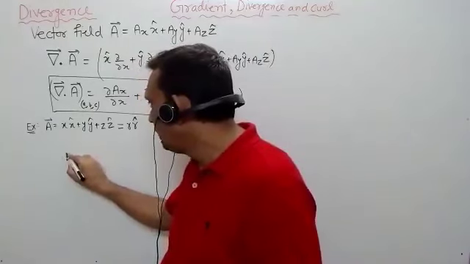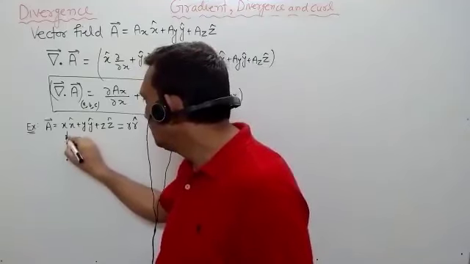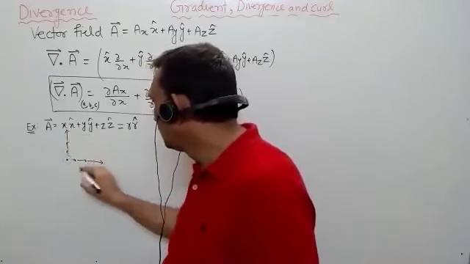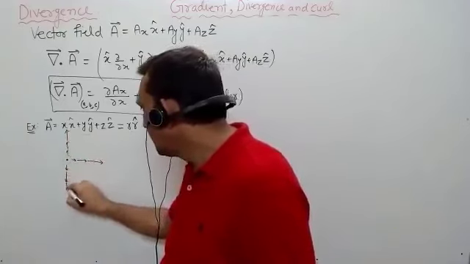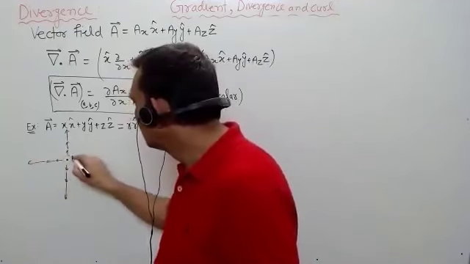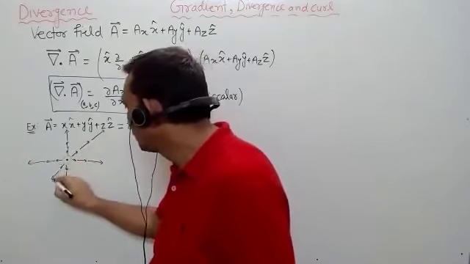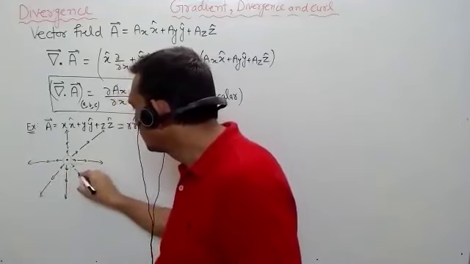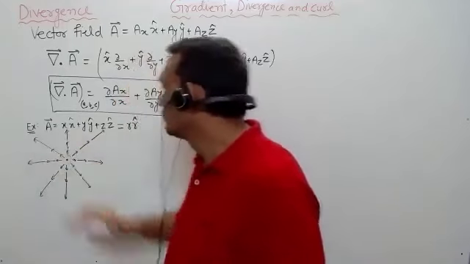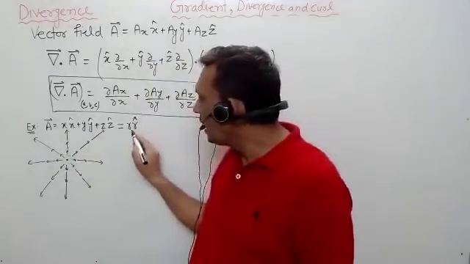So just to show you what divergence represents, I will take the simplest case. Around this point, you can see this magnitude of the vector is increasing. This represents r cap.